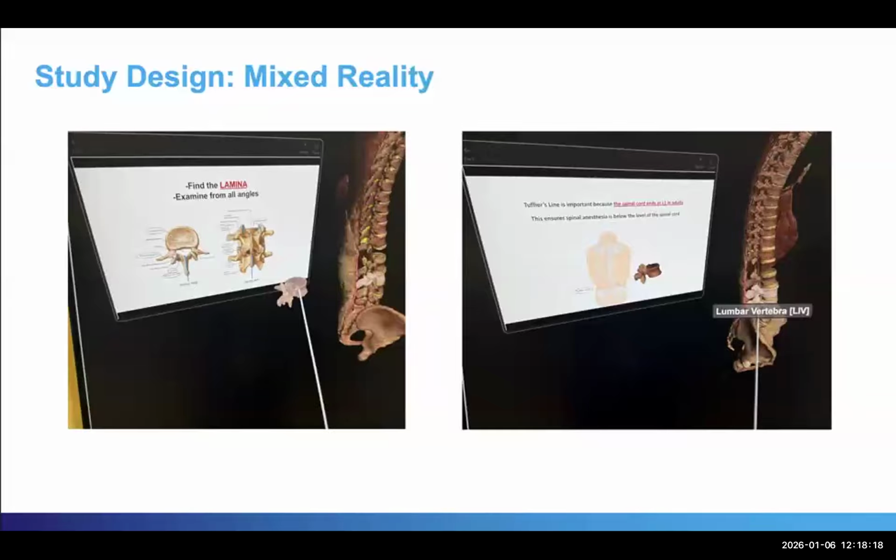It also went through all the steps necessary for a neuraxial anesthetic in terms of preparation, performing the procedure, and troubleshooting.